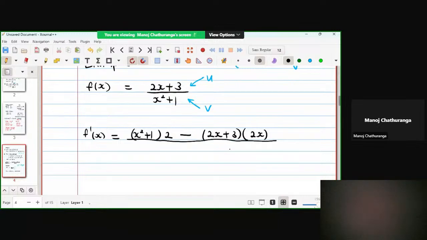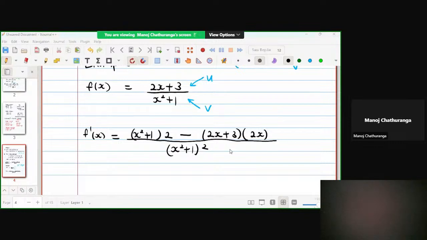Then take the denominator and square it. Yeah, that is it. This is the derivative of 2x plus 3 divided by x squared plus 1.